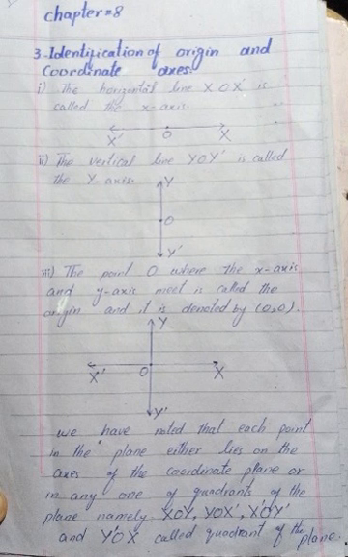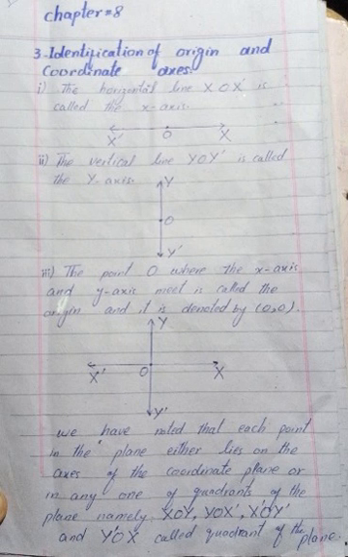The third point: the point O where the x-axis and y-axis meet is called the origin, and it is denoted by (0, 0), because the ordered pair at the center will be (0, 0). Up from the center is the y-axis, and all the values of y will be positive, and down from the center is Y', so all the values of y on the y-axis will be negative.